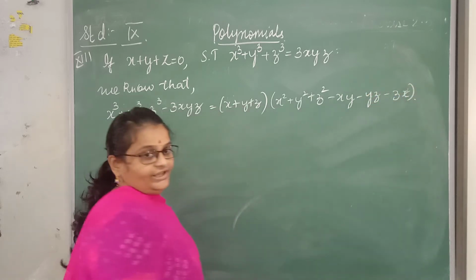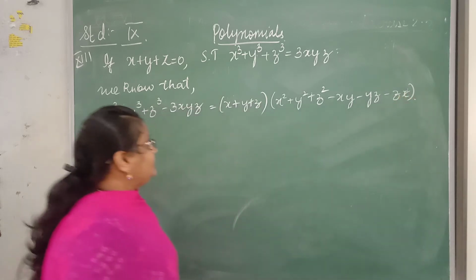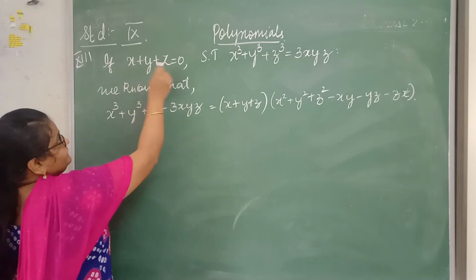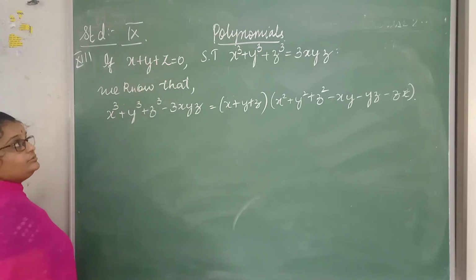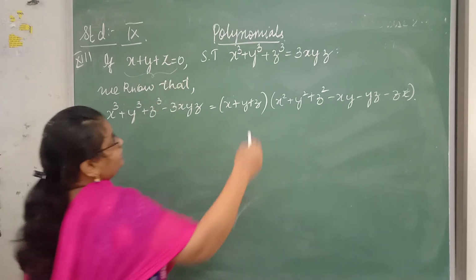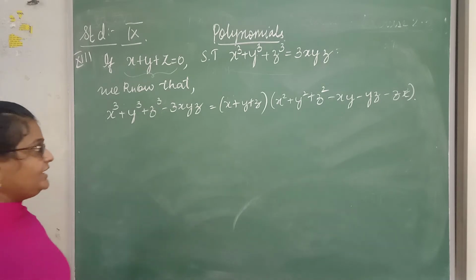Right? So this is the identity we have already learned from the 11th main. So here is given the condition. What happens if x plus y plus z is equal to 0? We have to show that x cube plus y cube plus z cube is equal to 3xyz.